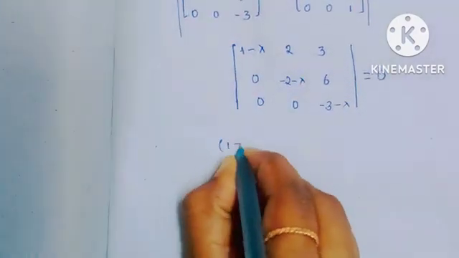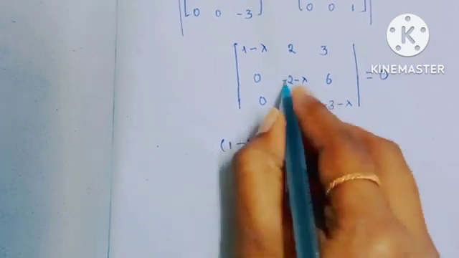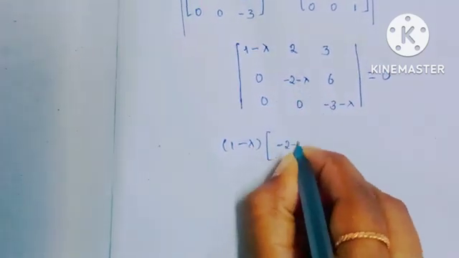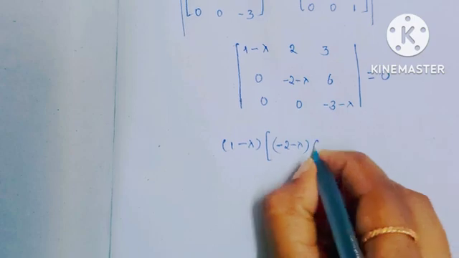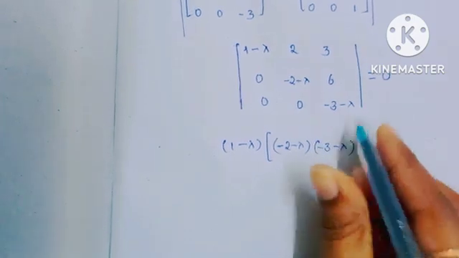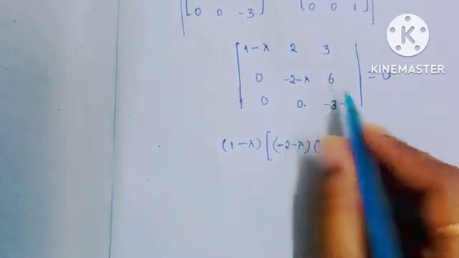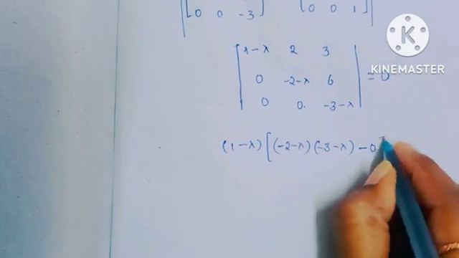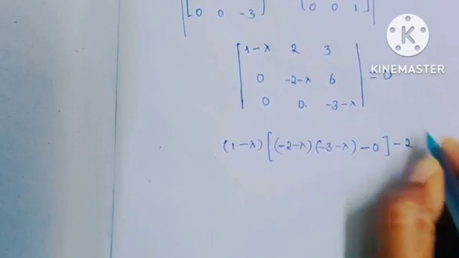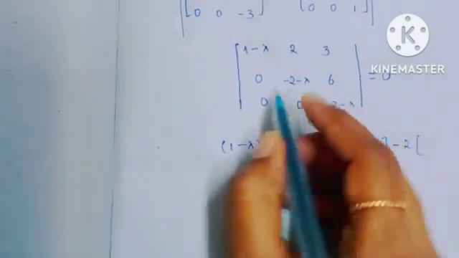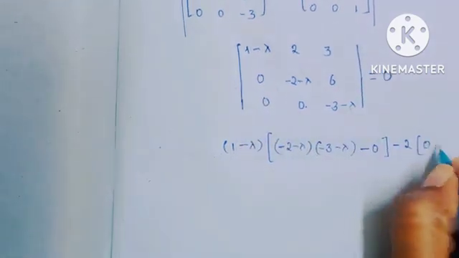Here, 1 minus lambda into (-2 minus lambda)(-3 minus lambda) minus 0 into the minor of 2's position.